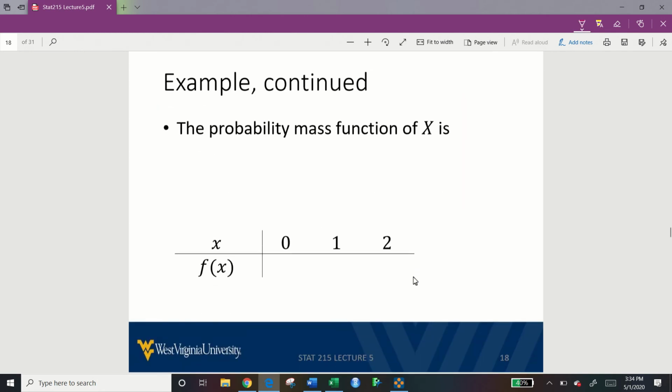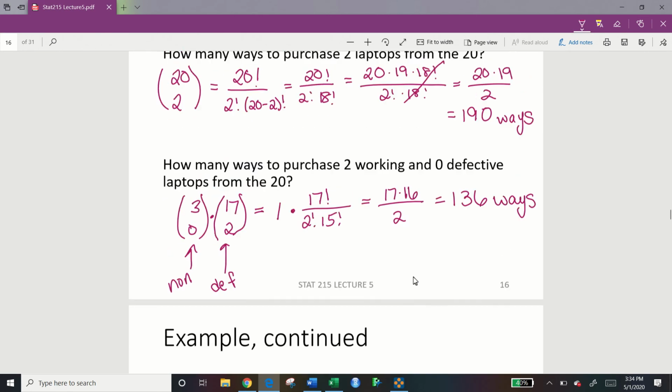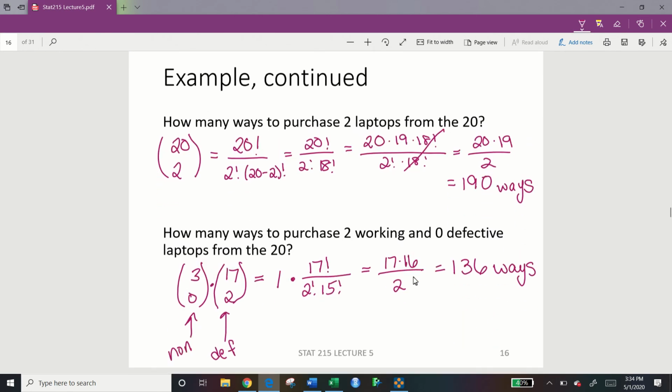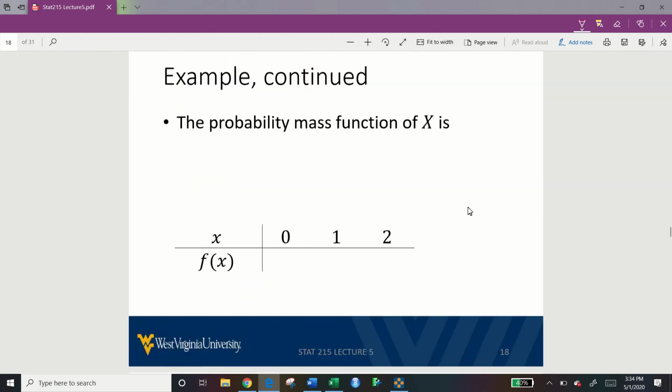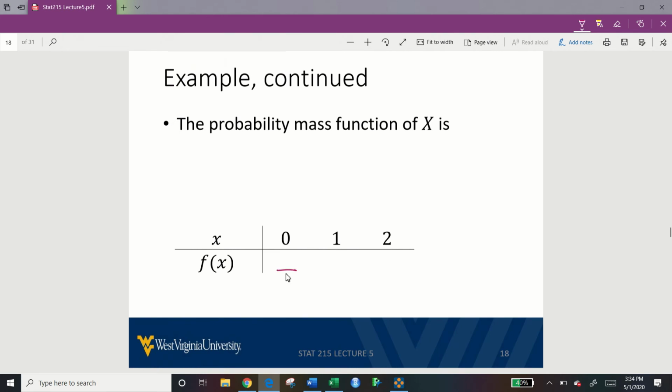Now that we have done all of this, we can actually make our probability mass function of x. Exciting, right? So, starting off from our first question of how many ways to purchase 2 laptops, we had 190 ways. That's going to be our denominator in our probability mass function. 190.